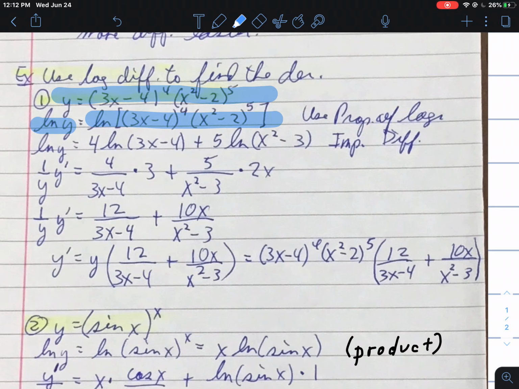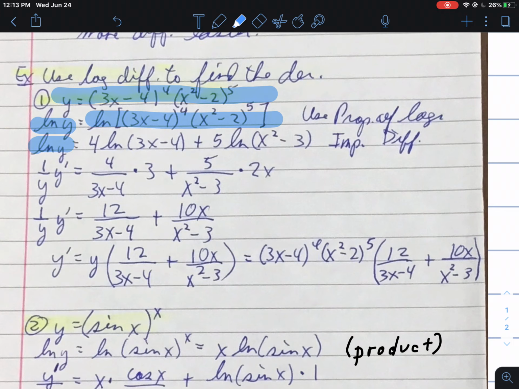I can now use the properties of logs, like we did with that previous example, to rewrite this right side into something a little easier to differentiate, using the rules for differentiation of log functions. So I left the ln of y over here. Notice I'm not doing the derivative yet. I am simply rewriting this equation.